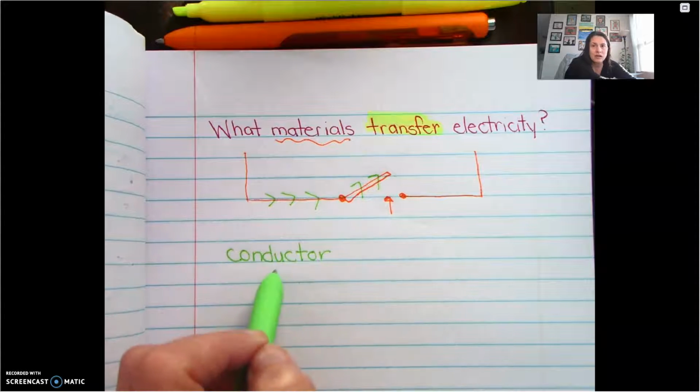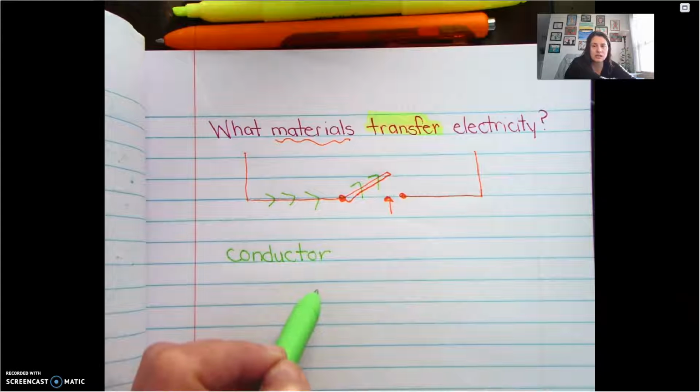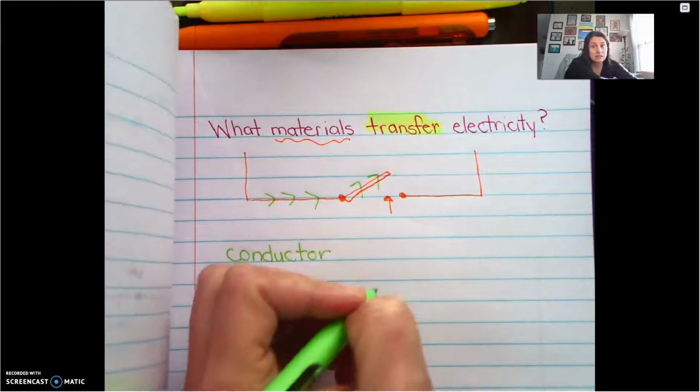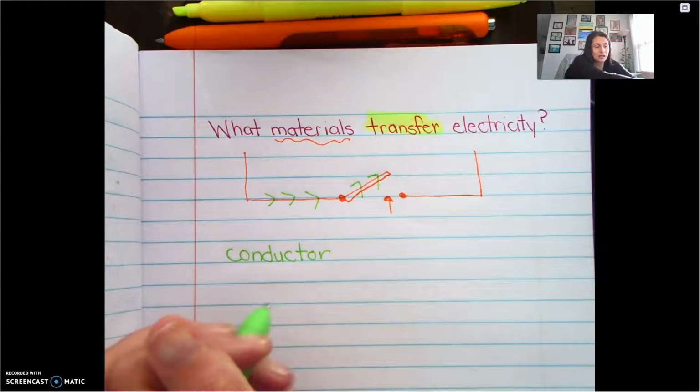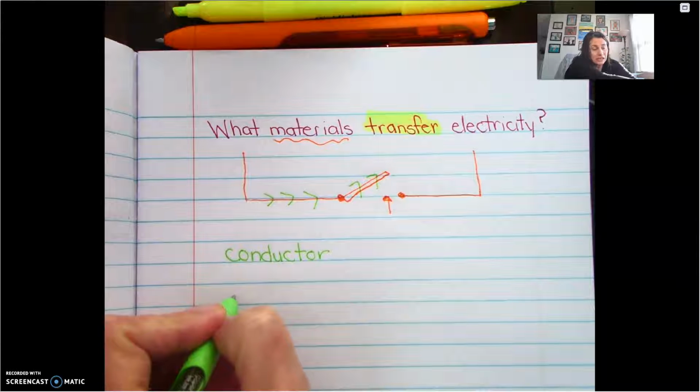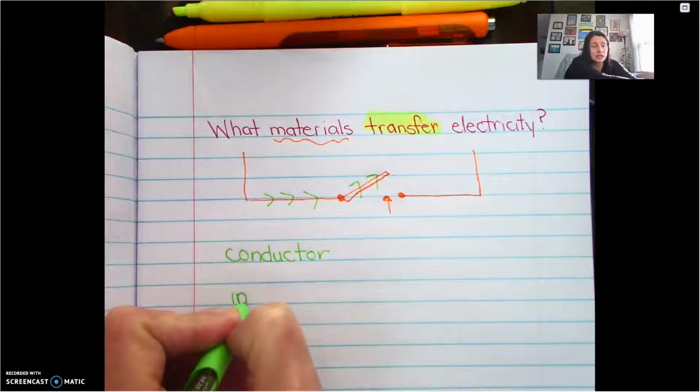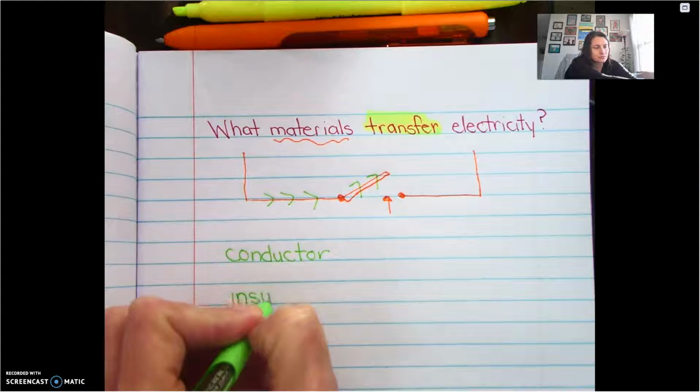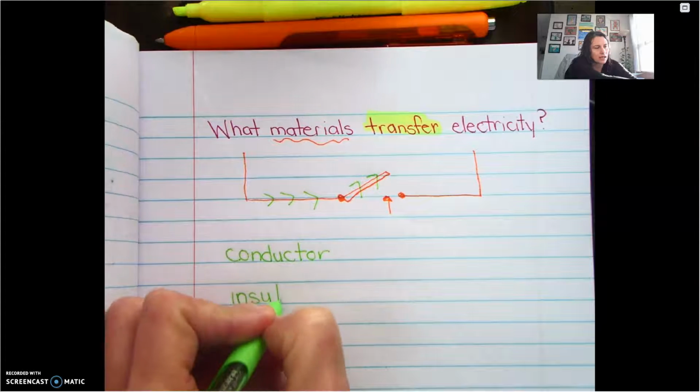Does that nail conduct electricity? If yes, then it's called a conductor. Now, if it's no, the other word is insulator.